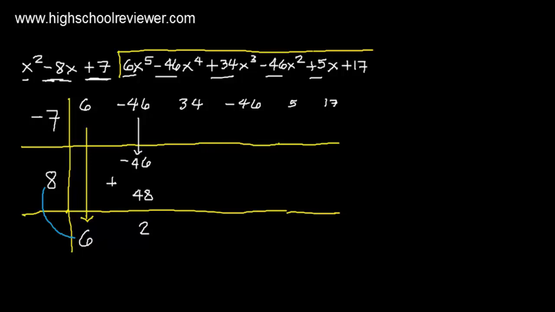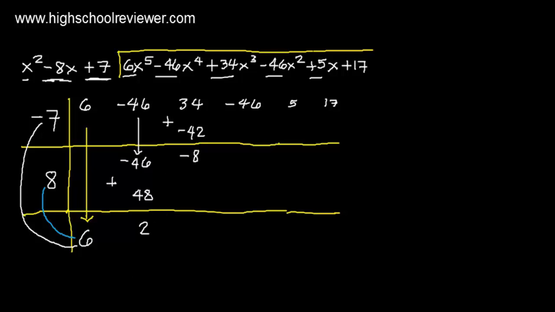Next, multiply negative 7 and positive 6. Negative 7 times positive 6, that is negative 42. We are going to put it here below 34, negative 42. And then we are going to perform also the addition. 34 plus negative 42, this is negative 8.